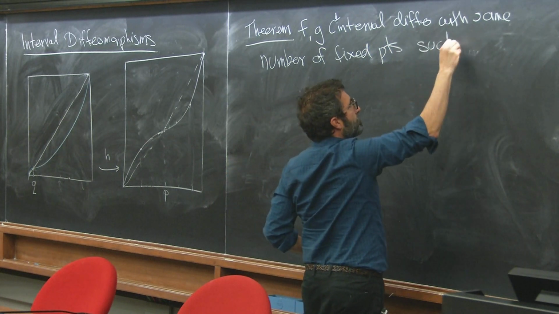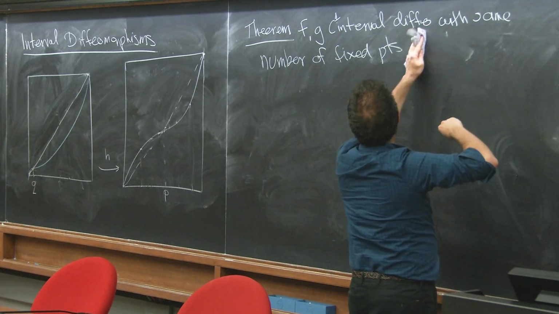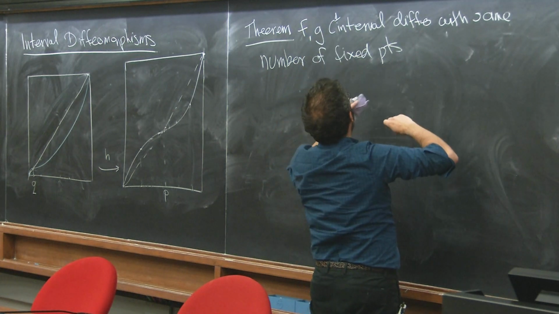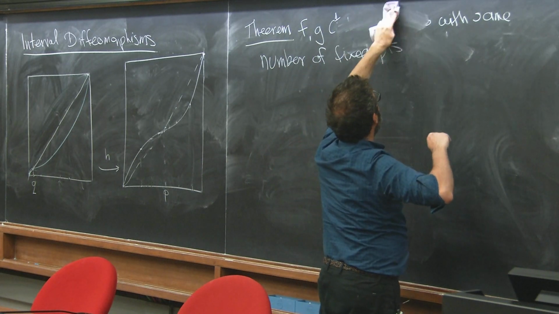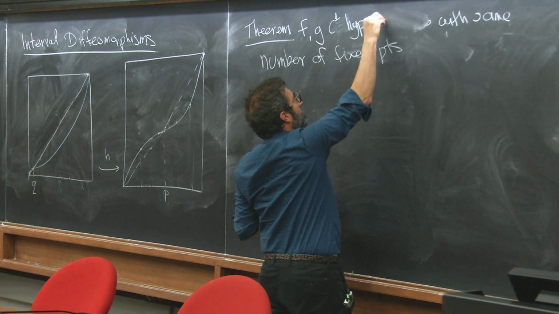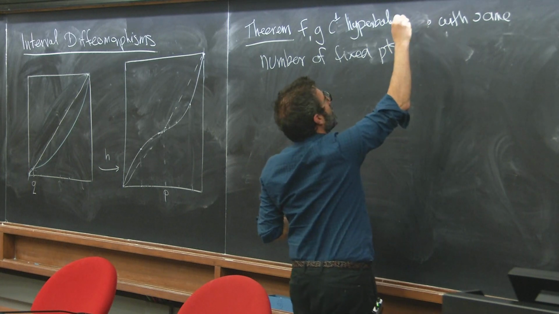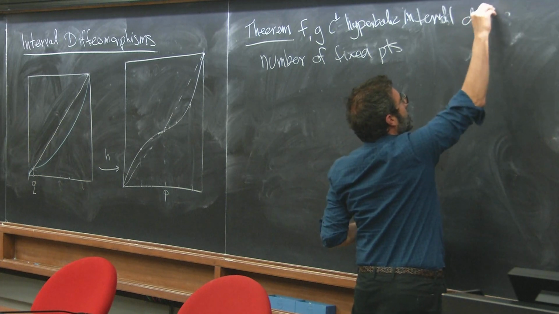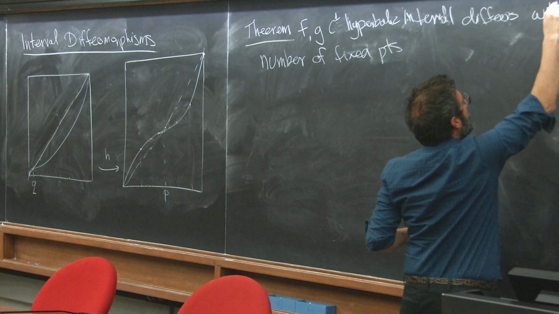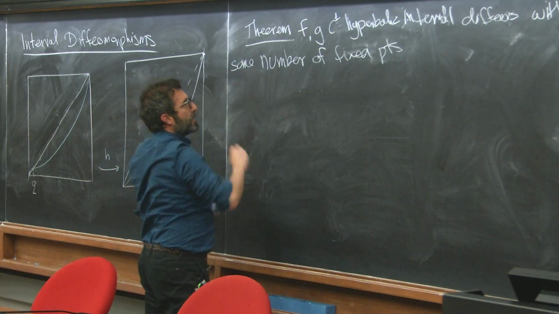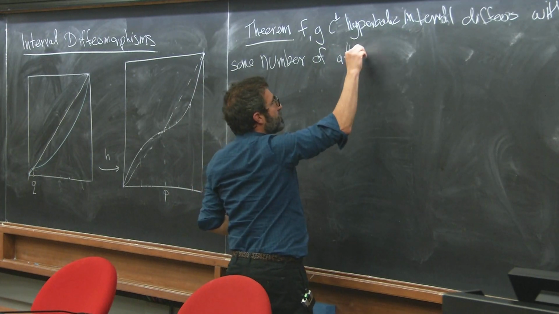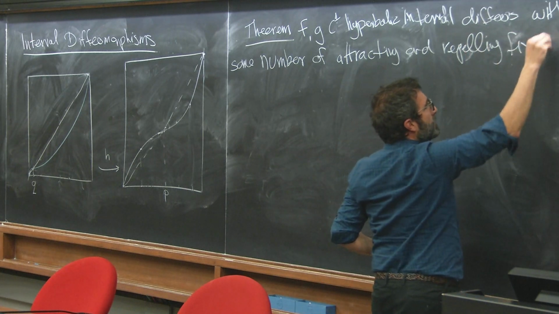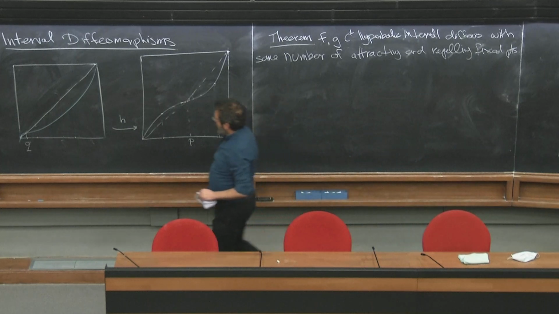Suppose F and G are C1 hyperbolic interval diffeomorphisms with the same number of attracting and repelling fixed points, like in this case.